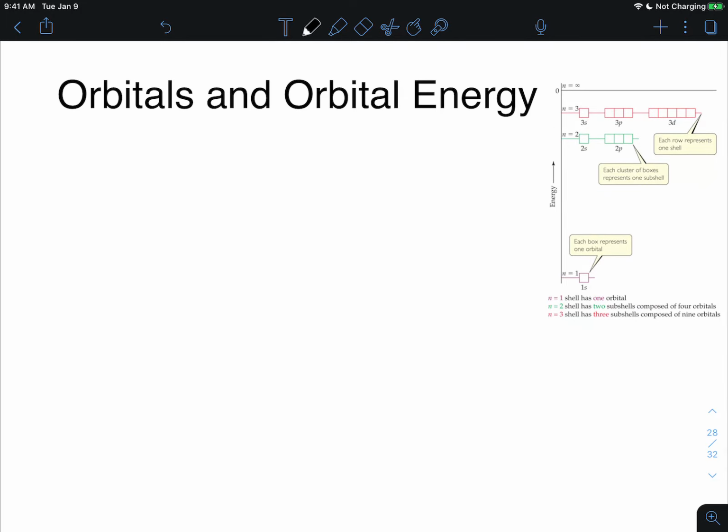Okay. So when we're talking about our orbital energies, if we have a 1 electron hydrogen atom, all the orbitals in the same energy level, same n value, will have the same energy.